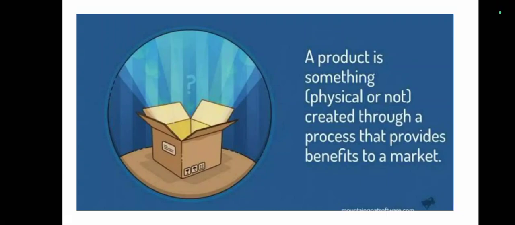A product is something created through a process that provides benefits to a market. So how can we identify a product? For example, take the mobile phone. What did the mobile phone do? It combined calling technology and the internet. Previously, mobile phones only had calls and messages.